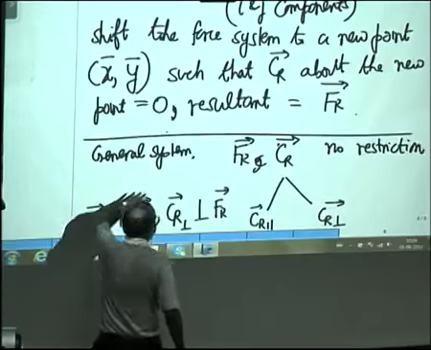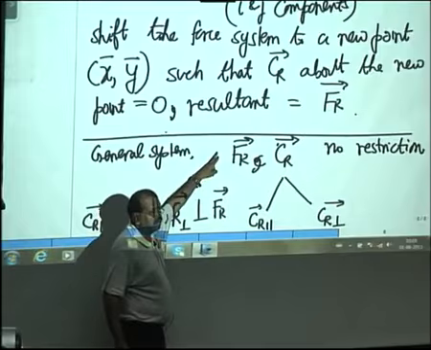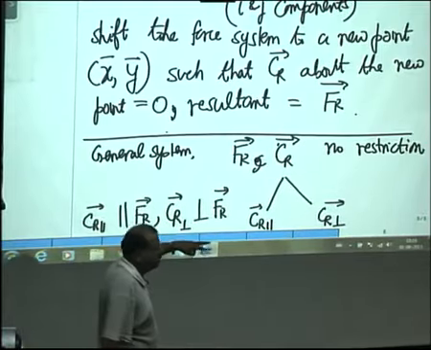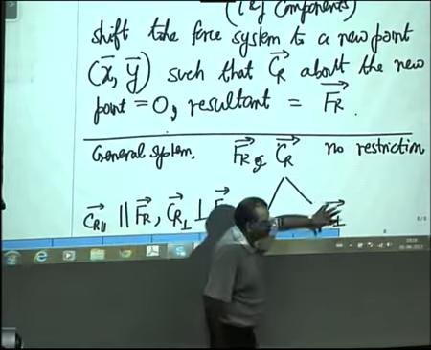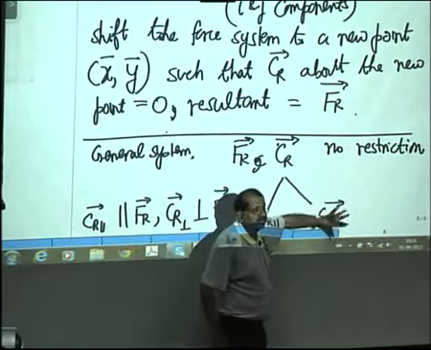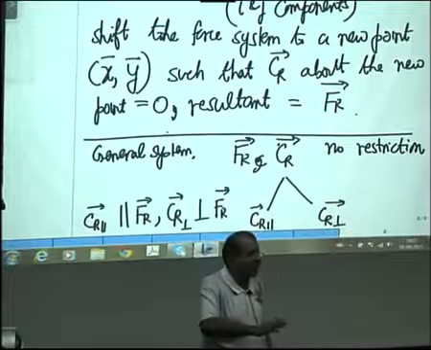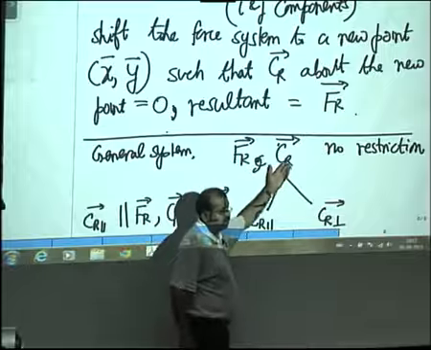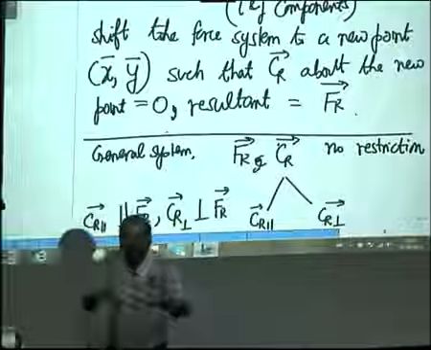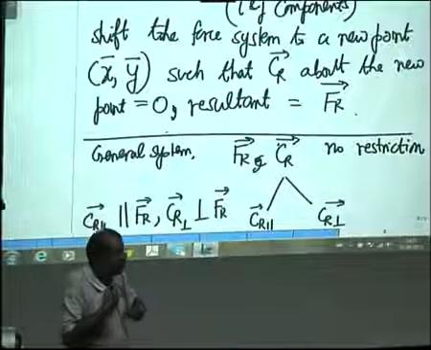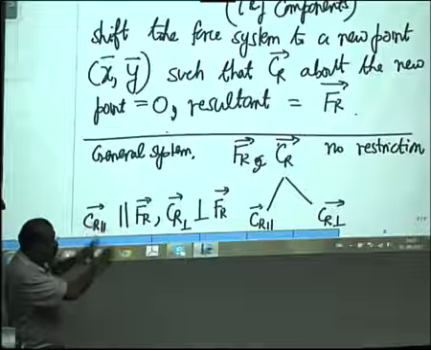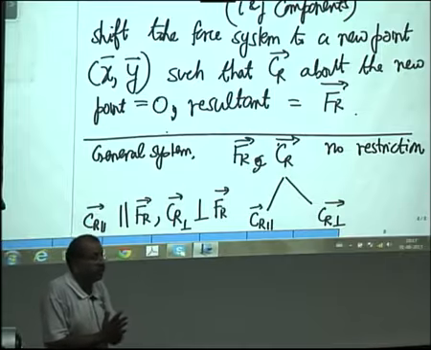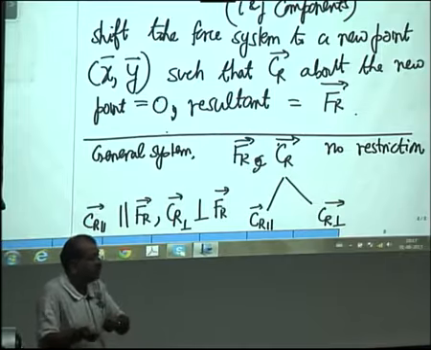Now, this is about a point A. If I shift to a point B, I can cancel out CR perpendicular, because when I take AB cross FR, I can only play around with the perpendicular component of CR. But I cannot do anything about the parallel component of CR. So at best, I can shift my system to a new point where I can get rid of CR perpendicular, but I cannot get rid of CR parallel.